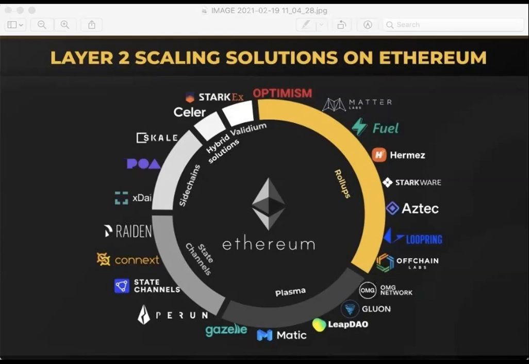There are Plasma, and then what is in vogue right now, ZK rollups. And we can dive into each of those specific implementations, or talk about different sidechain constructions that bridge back to ETH as well. But I hope that gives a quick overall synopsis. Nathan, Alex, I don't know if there's anything I missed or misspoke.